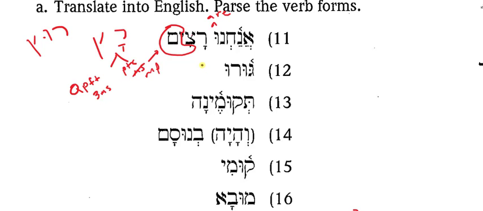Now, I don't know if I mentioned this to you in the past or not, but this is the lexical form of the verb rots. And I remember this really struck me as a kid. I think I was in elementary school when the TV miniseries Roots came on. This was a long time ago.